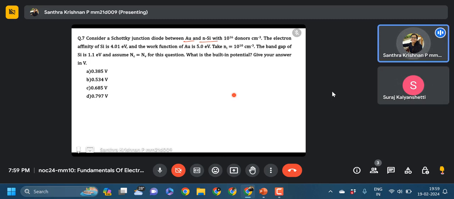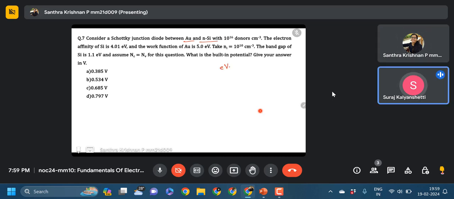But before doing the substitution, we need something. The final thing that we need is EV naught, the built-in potential V naught.